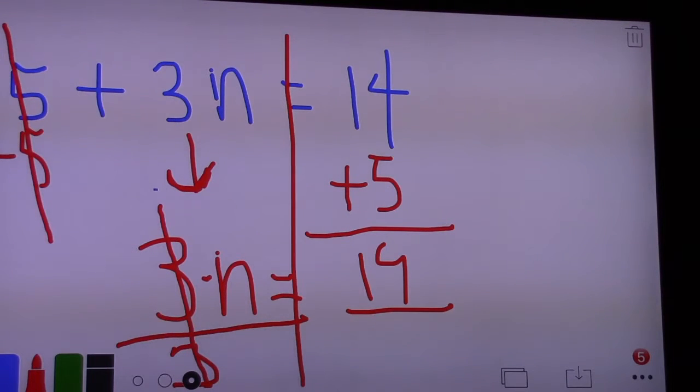And 19 divided by 3, okay, I don't have my calculator in my hand. I could pull it up right now, but you can go ahead and do that as well. And n will equal 19 divided by 3. Now, I want to reflect on where we're at right now in this equation. Some of the students in our algebra class want to work the problems in their head.